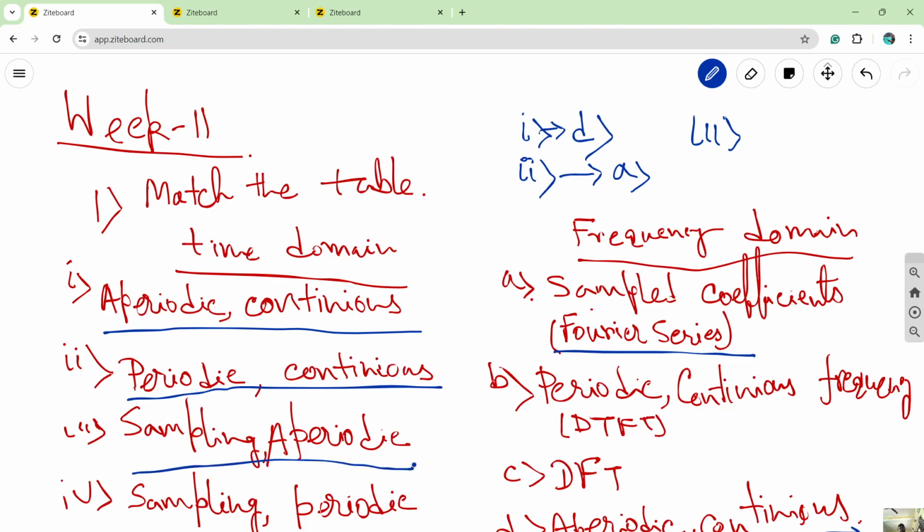Now 3 is sampling and aperiodic. So we particularly do sampling in the time domain, but the signal is aperiodic. So as we are doing the sampling here, it will be periodic and also continuous in the frequency domain.